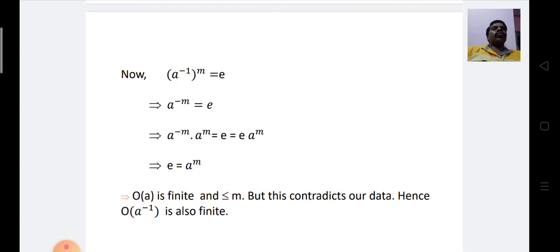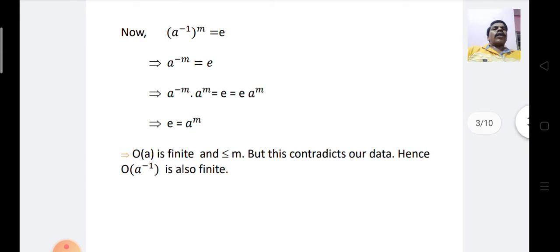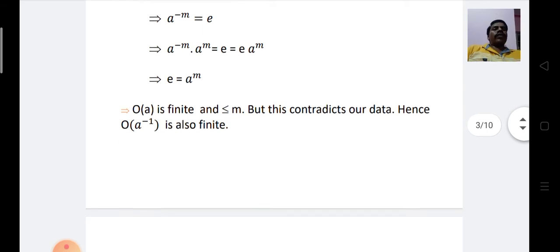E is equal to A power m, which implies order of A is finite and less than or equal to m, but this contradicts our data, hence order of A inverse is also finite.